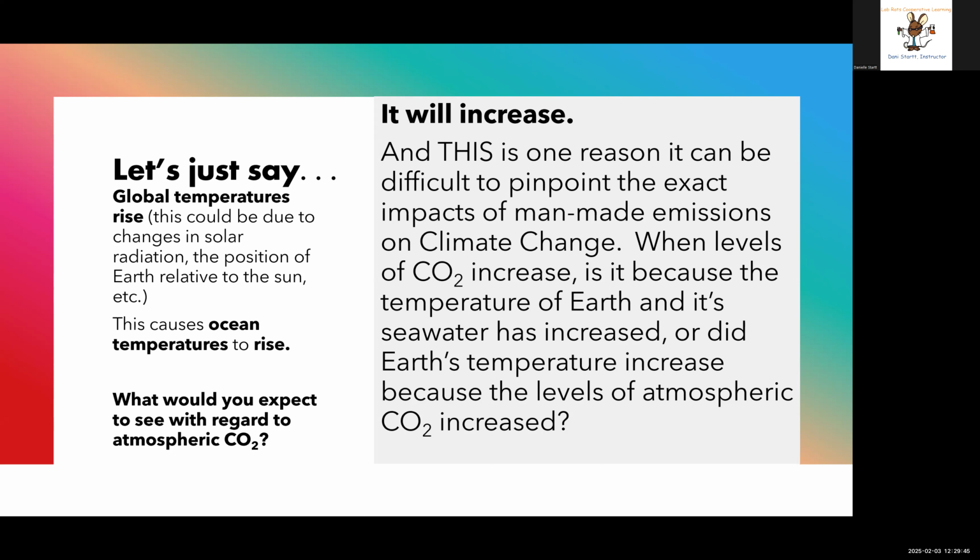But also a warmer global temperature could be produced by excess CO2 in the atmosphere, because CO2 in the atmosphere can cause the Earth to become warmer. So it gets to be sort of a chicken or egg situation. So keep that in mind because that will come up again. If you haven't already done Earth science with me, it will come up when we do Earth science.